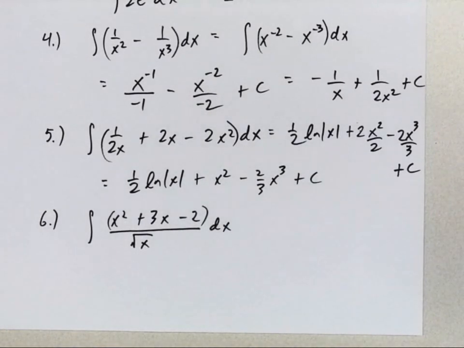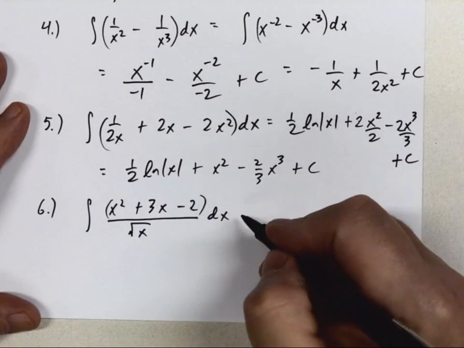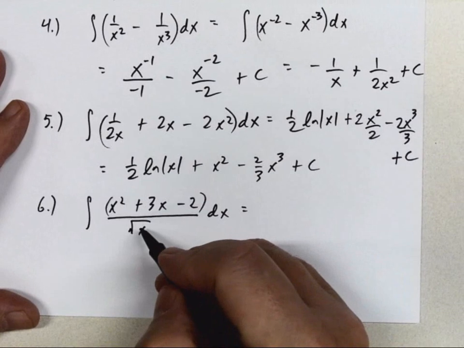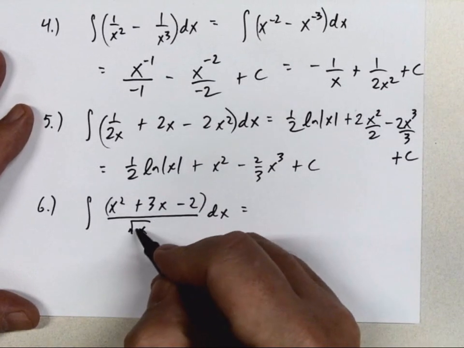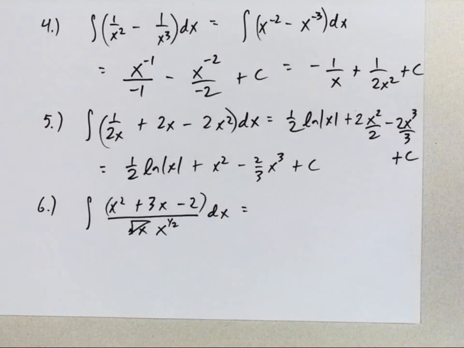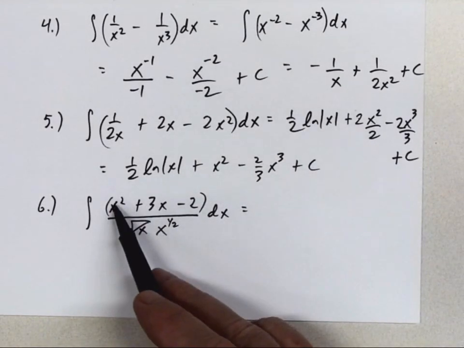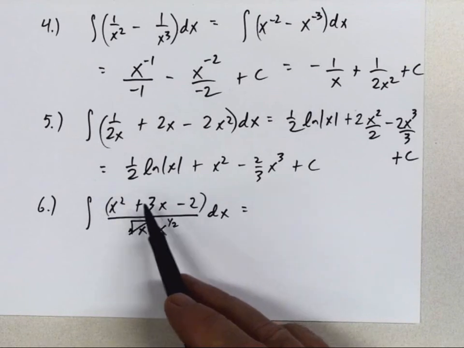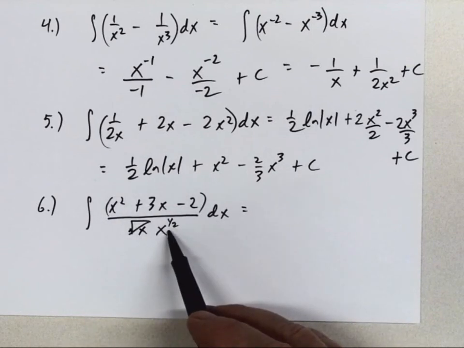We don't really know how to integrate this, but first of all, just to save time, let's switch that to x to the 1/2. And then hopefully you realize I can have 3 terms in the top, and here's my denominator.